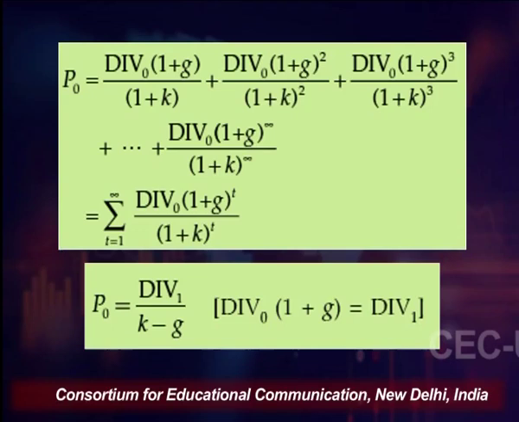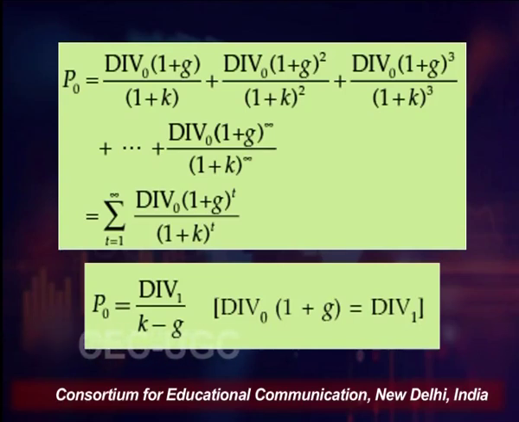Now, by solving this equation, we reach this formula where P, the price of the share, is equal to DIV1, the dividend declared at the end of the first year, divided by k minus g, where k is the cost of capital and g is the growth rate. How do we calculate DIV1, the dividend declared at the end of the first year?